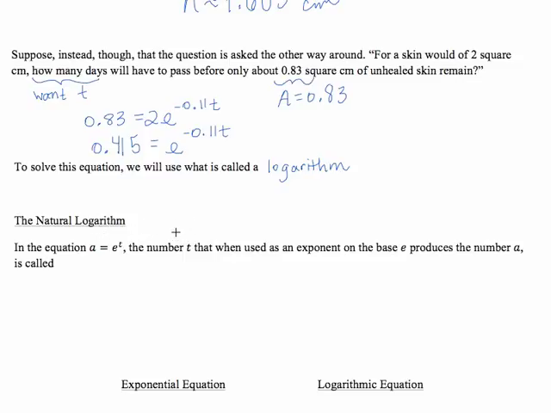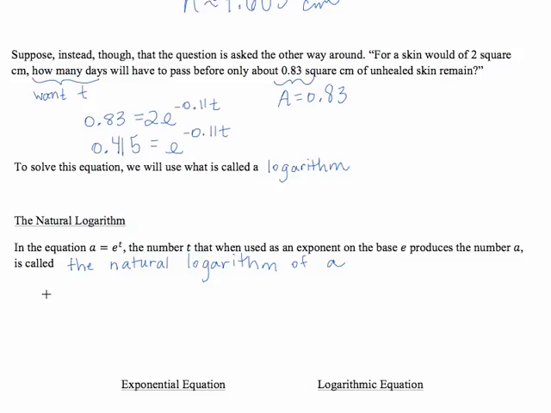The number t that, when used as an exponent on the base e, produces the number A is called the natural logarithm of A. So the number t is called the natural logarithm of A. So t is the exponent in the exponential equation. Okay? So therefore, the exponent is equal to the log, which I'll write out in just a moment.